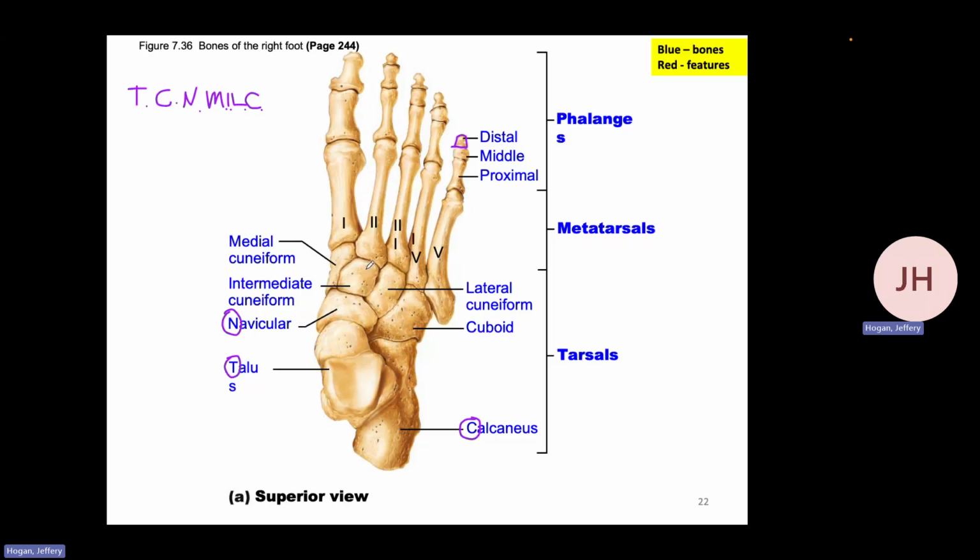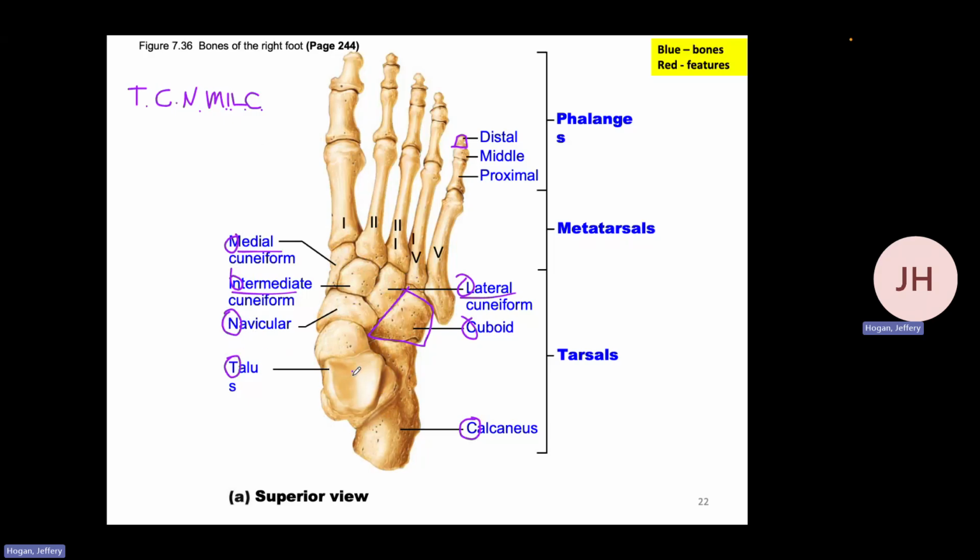And then moving forward again, we have the medial, intermediate, and lateral cuneiform bones, MIL, right? M, I, L. And then finally the cuboid, which anchors the lateral part of the foot under digits 4 and 5, is our C in milk.